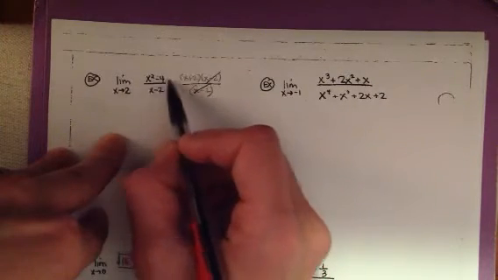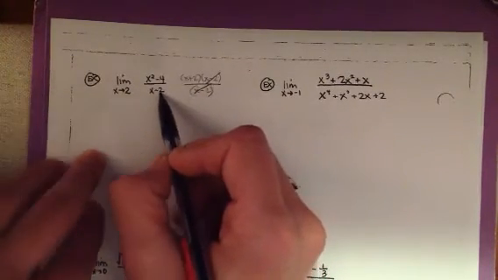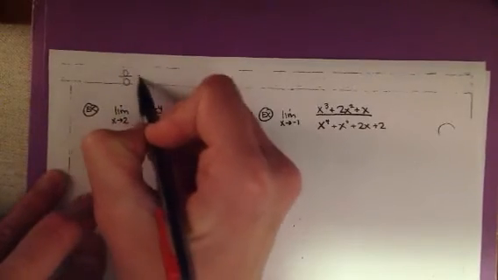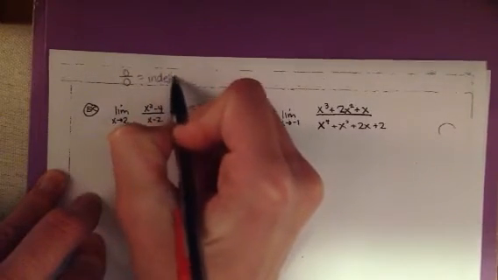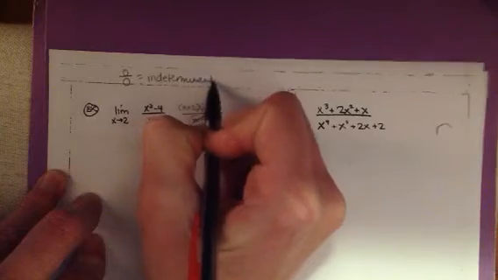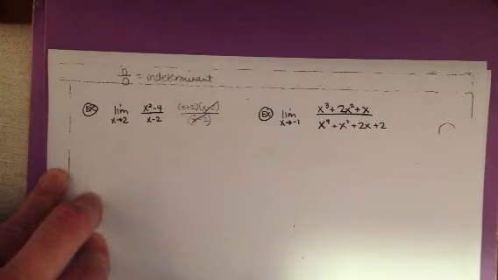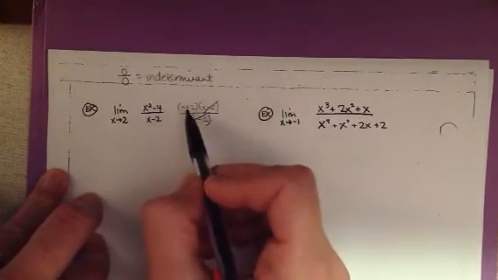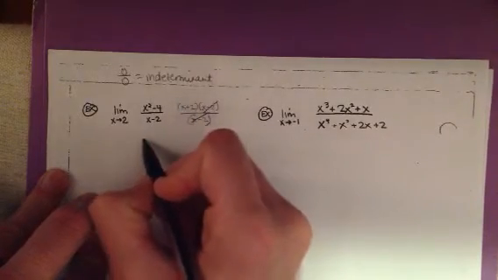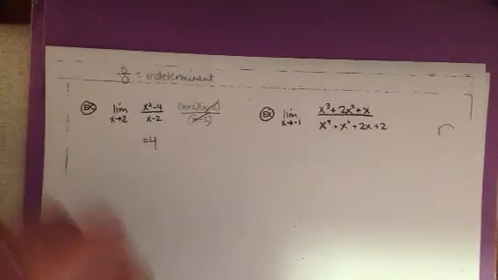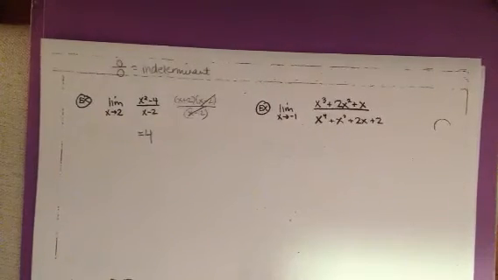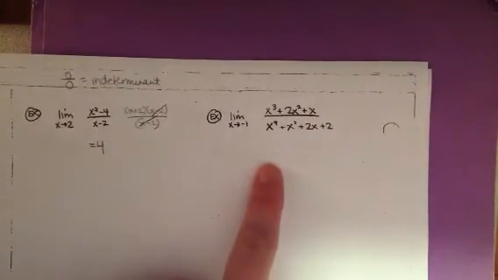See, initially if we had plugged in a 2, we would have gotten 0 over 0, which is known as the indeterminate case. And so if we plug in a 2, we get 2 plus 2 is 4, and that's our limit for that question.